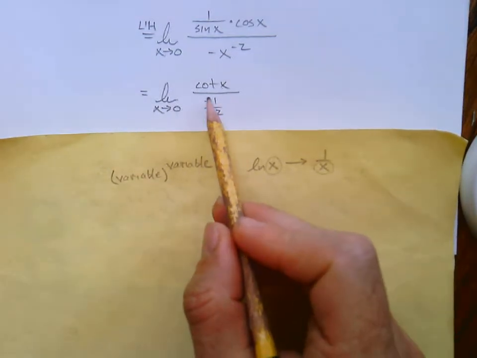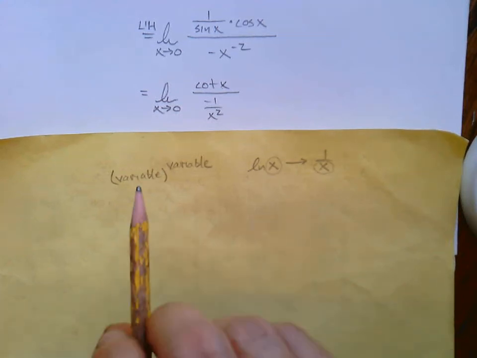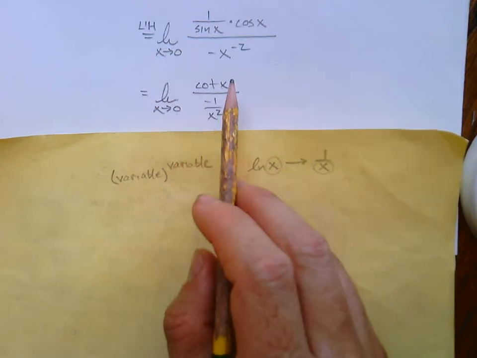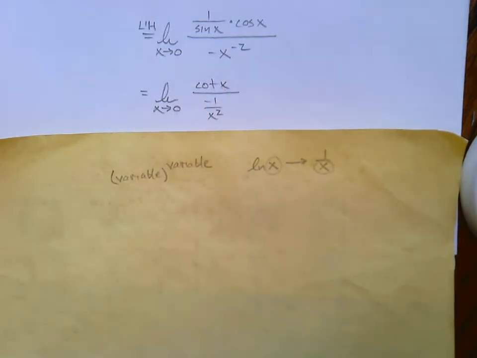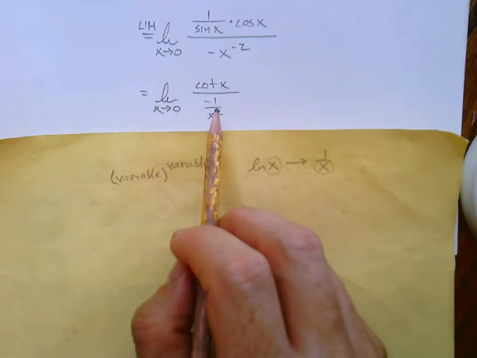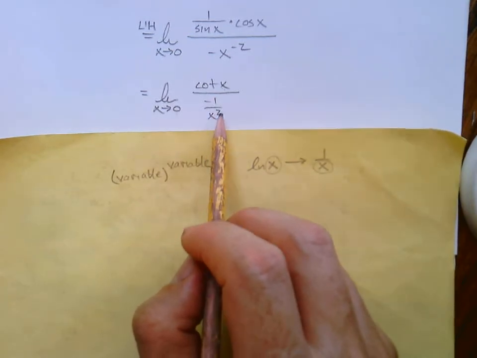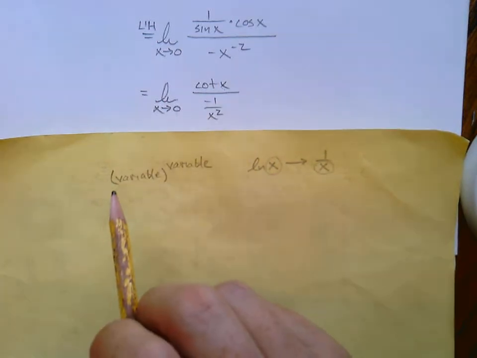And truth is, this is not simplified, right? A fraction inside of a fraction is not simplified. Even more than that, if you try to put 0 into cotangent, you're going to get undefined, say in your calculator. So we want to do a little bit more here. One thing we can do is take this x squared way down here, and if you think of it as flipping and multiplying, it will go up to the numerator.